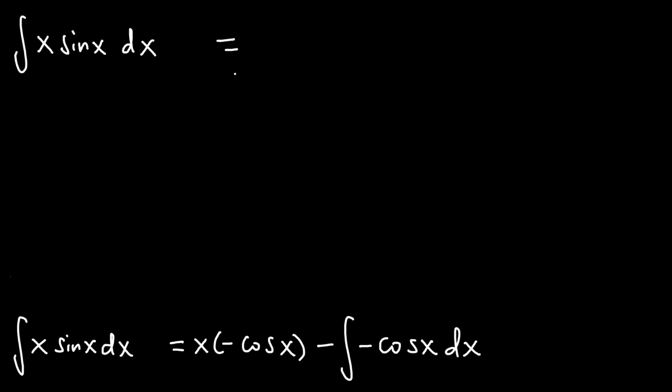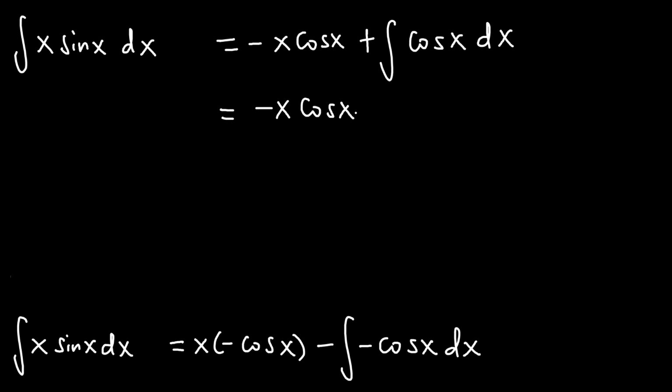And this will give us x times negative cosine x, which is negative x cosine x, and then a negative times a negative will give us a positive. So this will be plus the integral of cosine x dx. So we shall have negative x cosine x, and then plus, when you integrate cosine x, you get sine x. So this will be sine x plus c, and that's our answer.